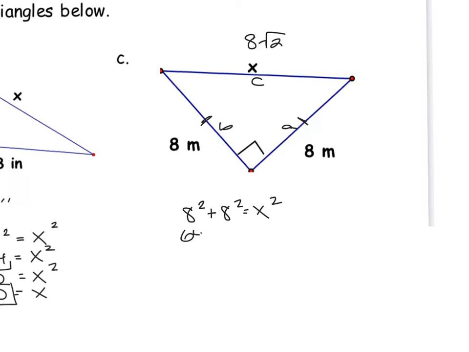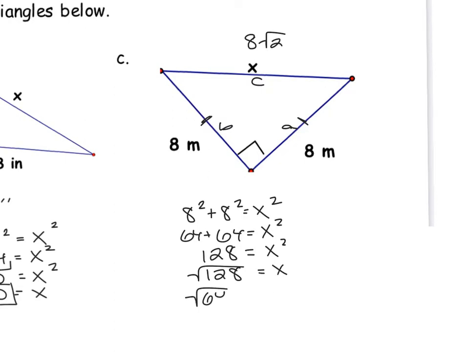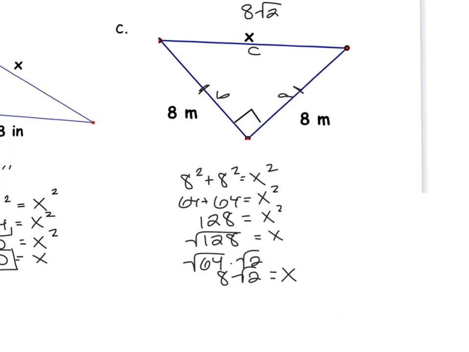And we have 64 plus 64 is x squared. That's 128. And then if we take the square root of 128 and simplify that, we get the square root of 64 times the square root of 2, which is 8 root 2. So either with our special right triangles or with our Pythagorean theorem, we get 8 root 2.